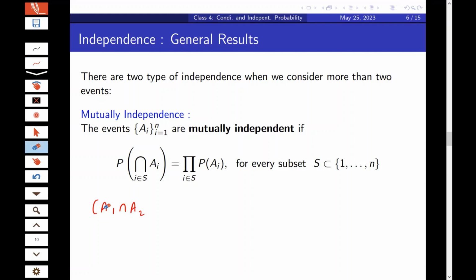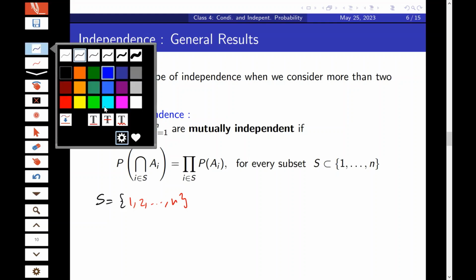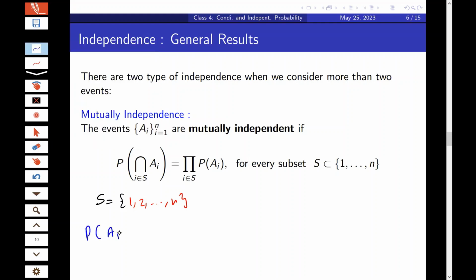So let's take S as a subset of 1 to n. Then the probability of A1 intersection A2 intersection all the way to An is the same as the probability of A1 times the probability of A2 times dot dot dot the probability of An.